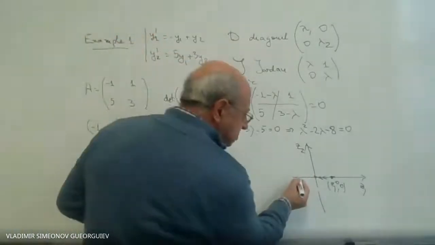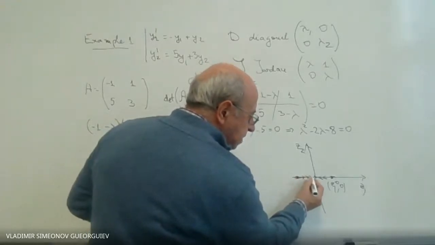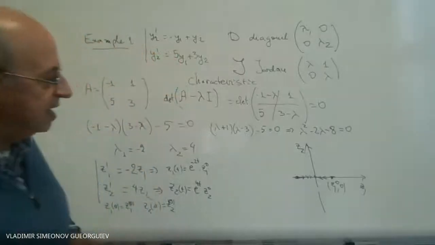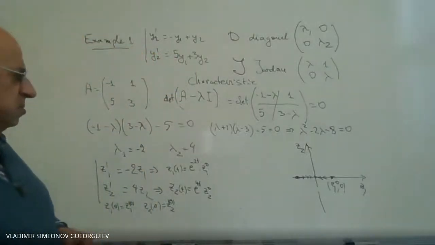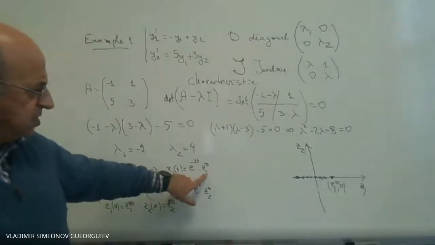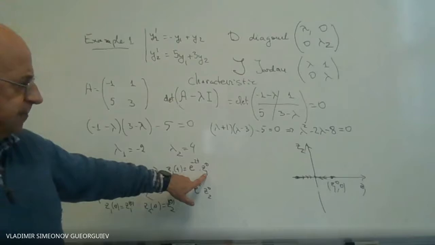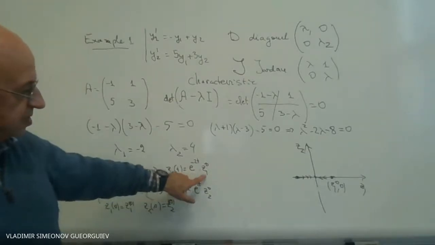If I start from here, you can see that again, careful, careful. If Z1,0 is negative, and if t goes to plus infinity, this will go to 0.